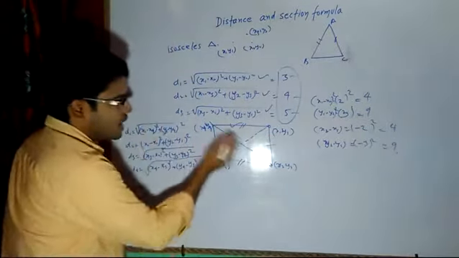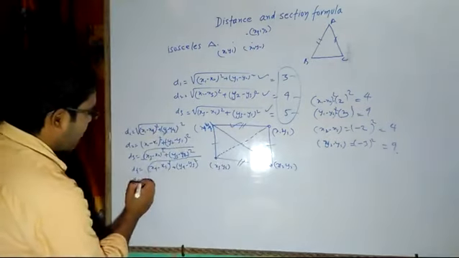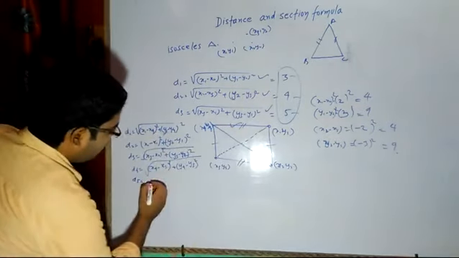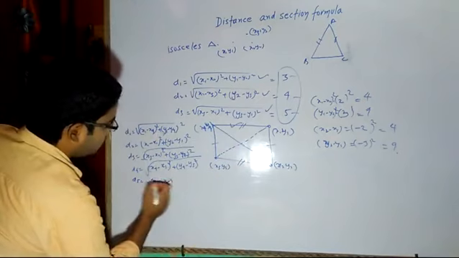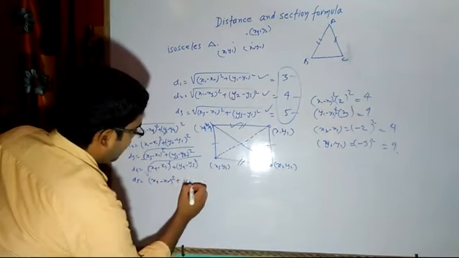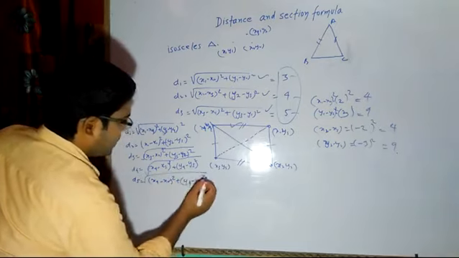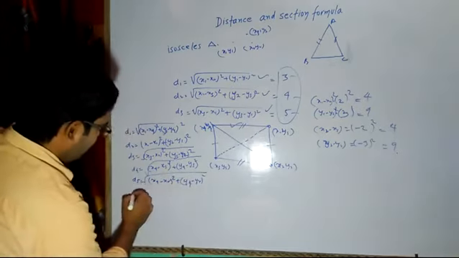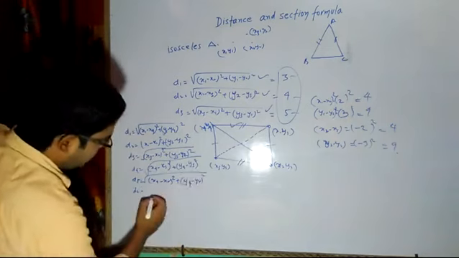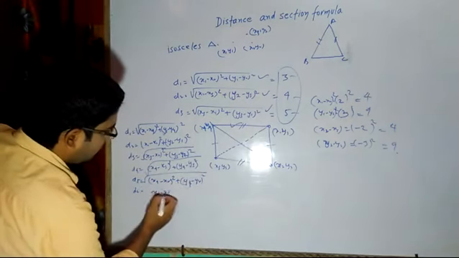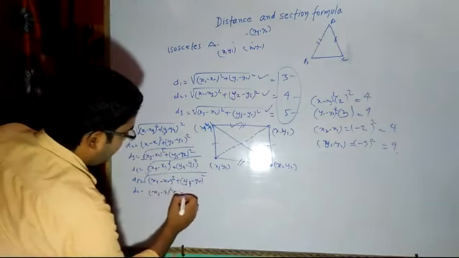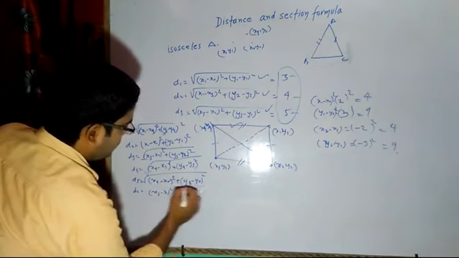So again your task will be to calculate d5. d5 will be the root of (x4 minus x2) whole square plus (y4 minus y2) whole square. And then you will calculate d6, which will be the root of (x3 minus x1) whole square plus (y3 minus y1) whole square.